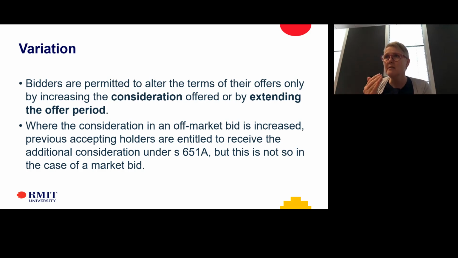You can't shorten it, other than in that limited 7-day window that you have towards the end. And you can't put the price down, you can only increase it. And if price is increased in an off-market bid, then the new price applies to people who have already accepted previously.